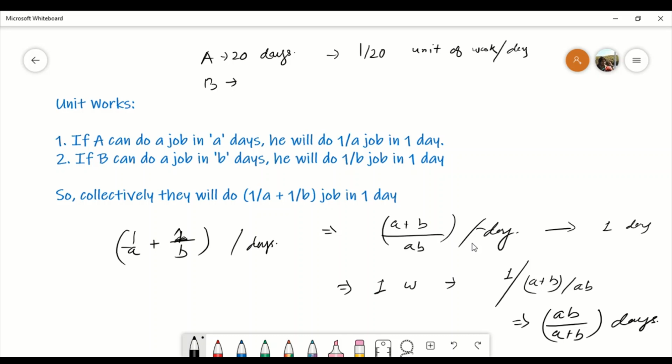Similarly, if B can do the work in 10 days, B can do 1 upon 10 units of work per day.